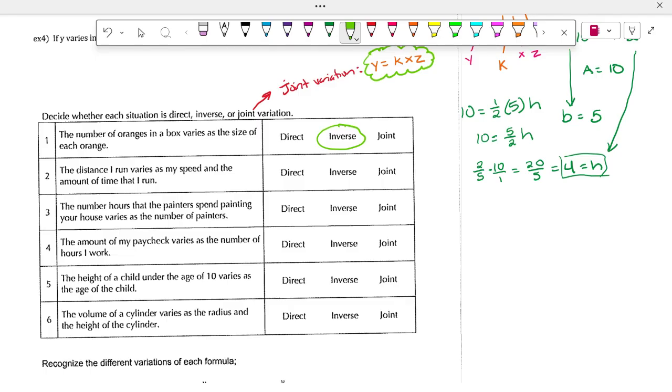Let's say you can do it in like 20 minutes. Now let's say you ran that same mile going 1 mile an hour. That means that instead of 20 minutes, you probably took 40. But that also means that if you switch those around and change the distance, that can also depend on the amount of time you run and the speed. So this one's actually joint.